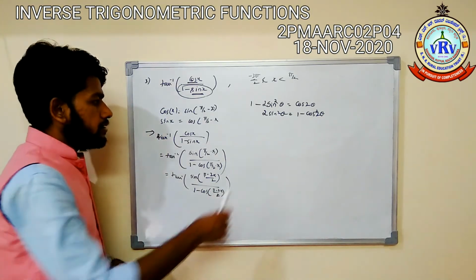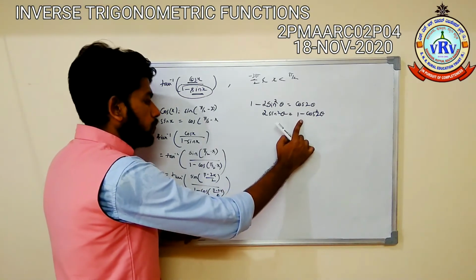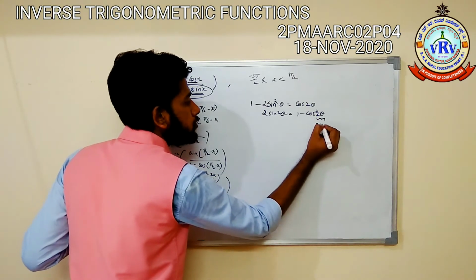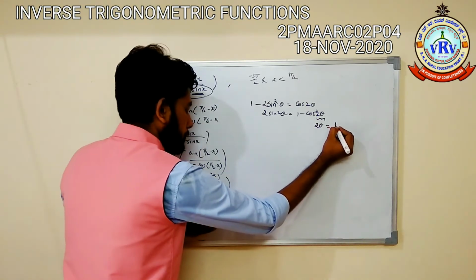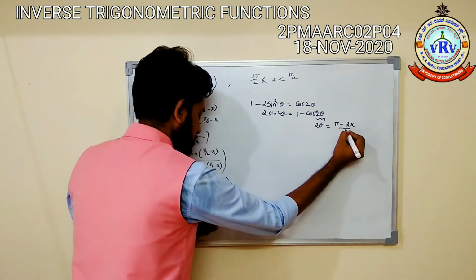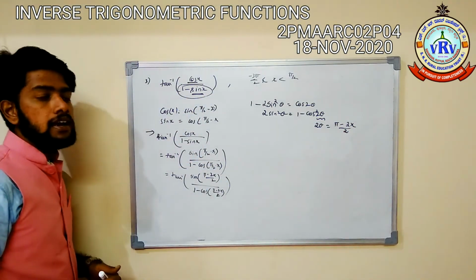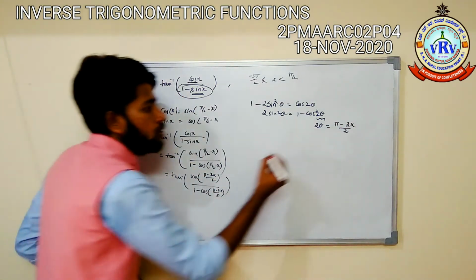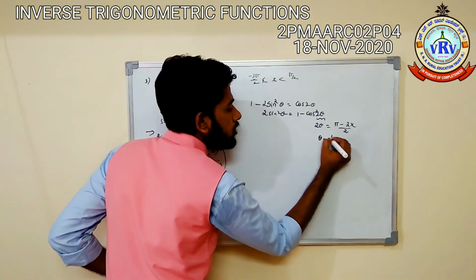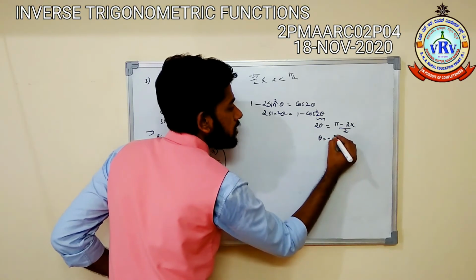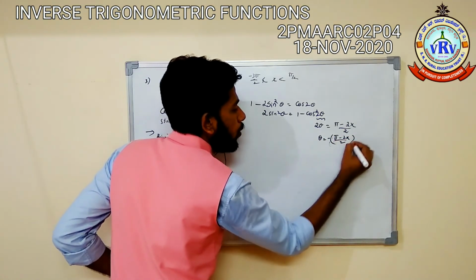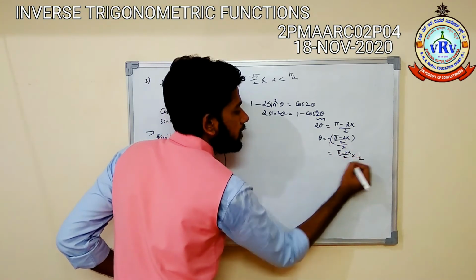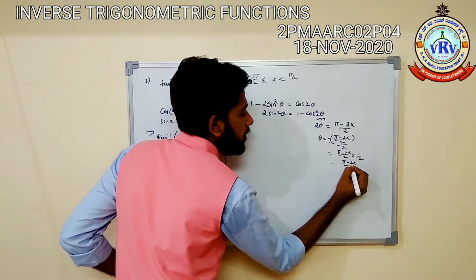Now look here, you are getting the expression like this, 1 minus cos 2 theta. In the place of 2 theta we have pi minus 2x by 2. That means theta is equal to, I should divide the whole expression pi minus 2x by 2 by 2, that is pi minus 2x by 2 into 1 by 2, pi minus 2x by 4.